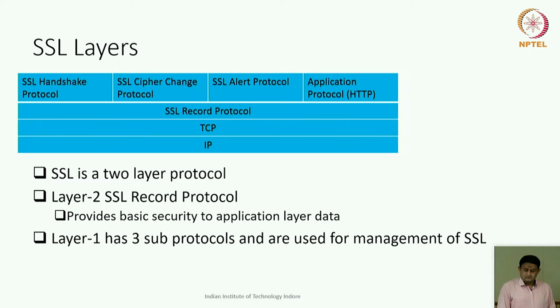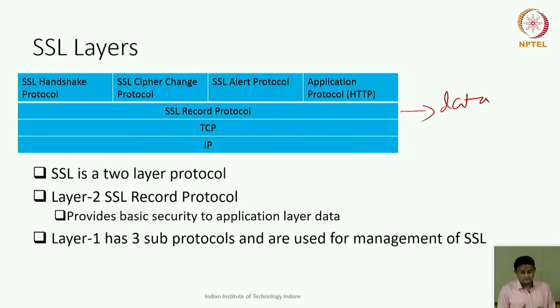SSL is not a single protocol which does all of this. Actually, it is 4 protocols. The major chunk which does the work is something called the SSL record protocol. This is the one which encrypts the data and also provides the integrity of the data whenever I use this protocol and transmit it.